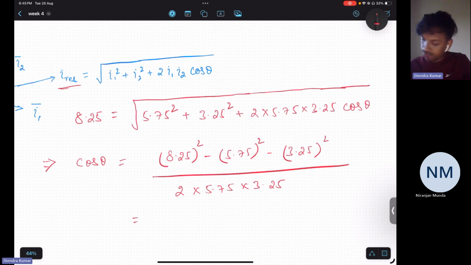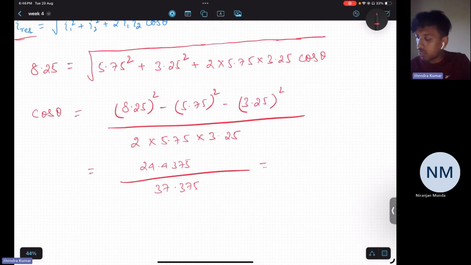The numerator part I got, you also match it on your side. So 24.4375. Now the denominator side is 2 into 5.75 into 3.25, which is 37.375. So how much did you get?